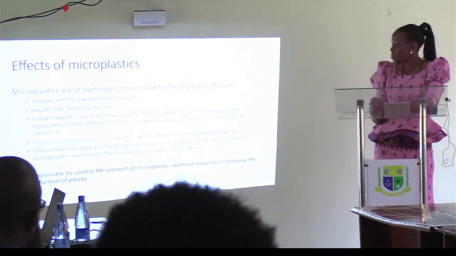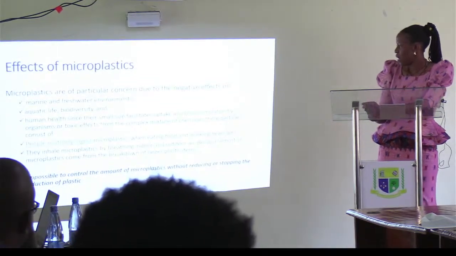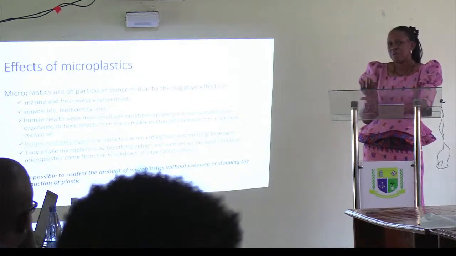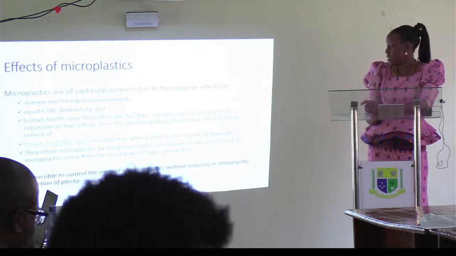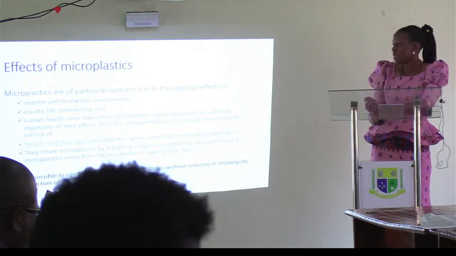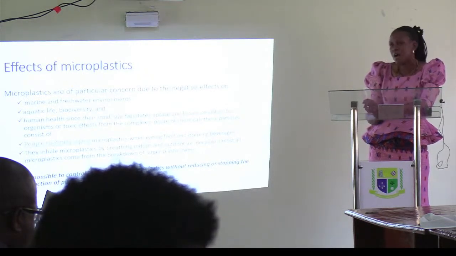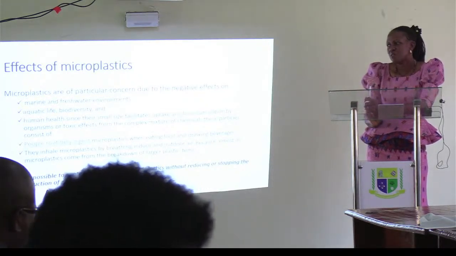We are ingesting them as part of our life, and through the air we breathe, microplastics are present, so they're also ending up within our lungs. So if these microplastics are part of us, how are we going to deal with them?